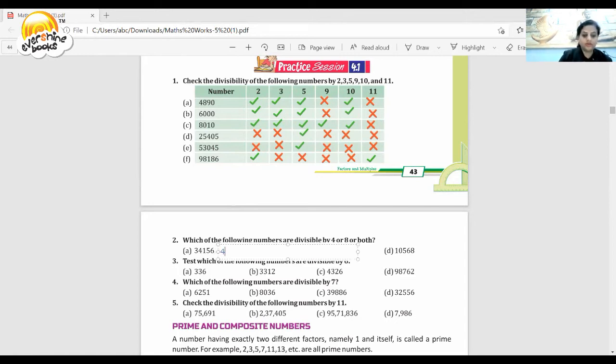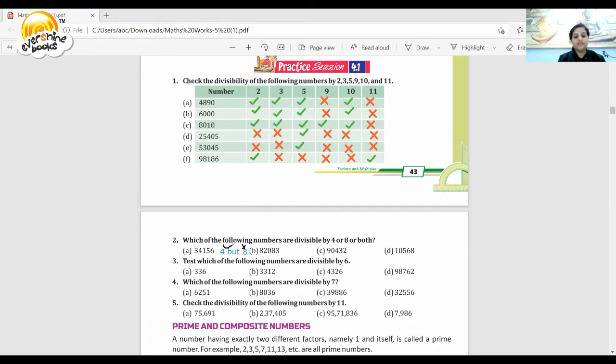So 4, yes, but not 8. We just cross it. It is not divisible by 8. It is divisible by 4.